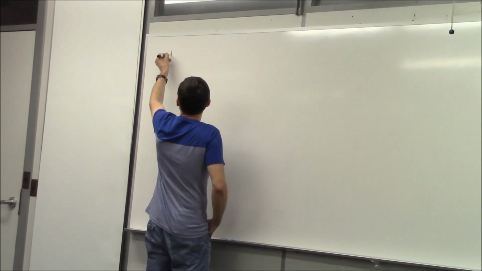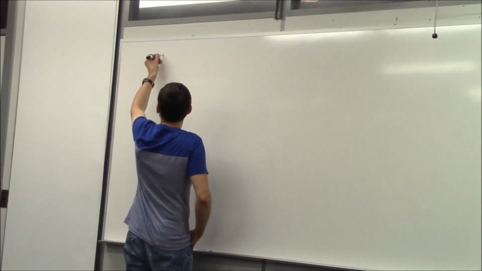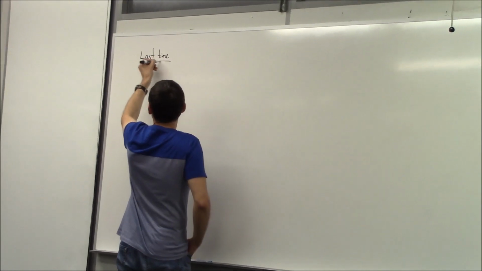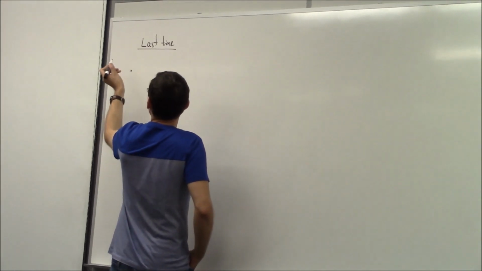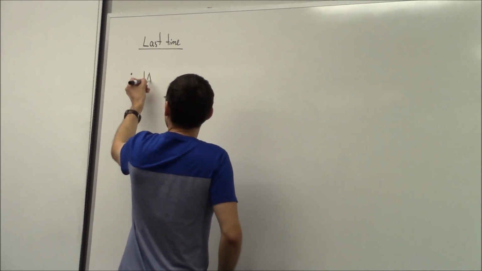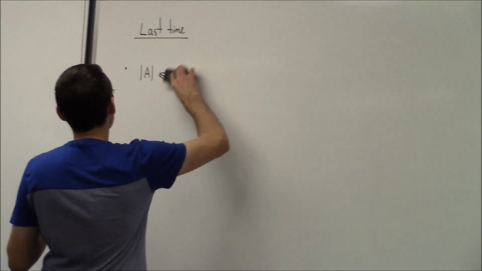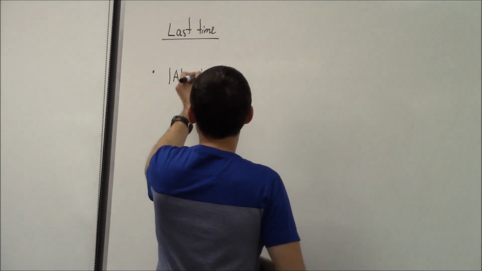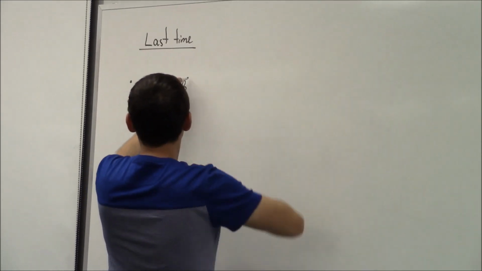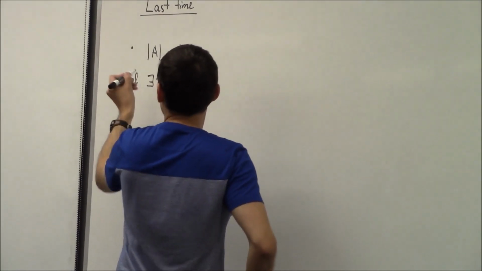So we noticed, first, we will say that a set A has cardinality no bigger than the set B if there exists a function, precisely.